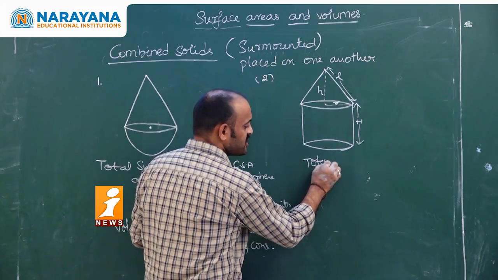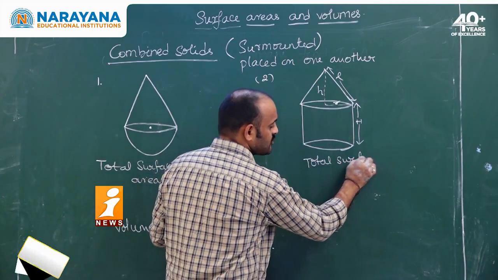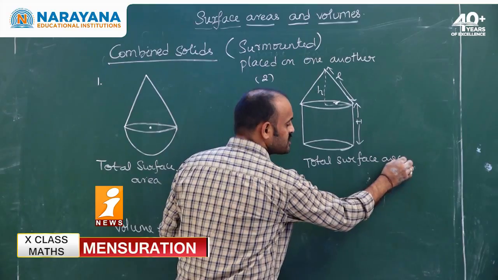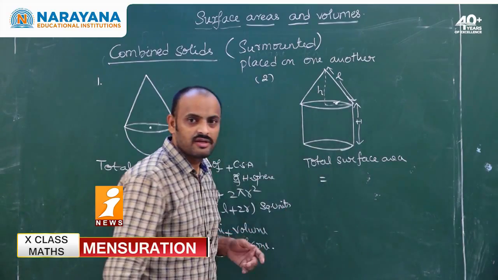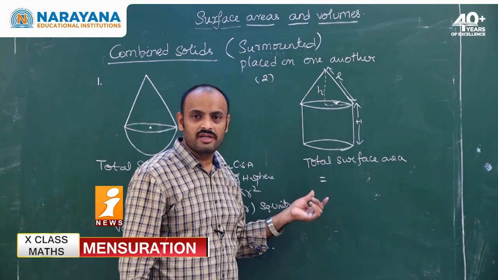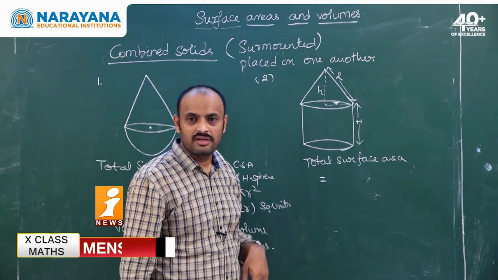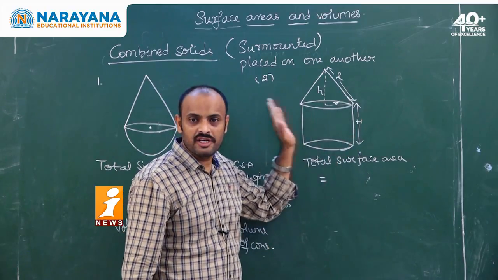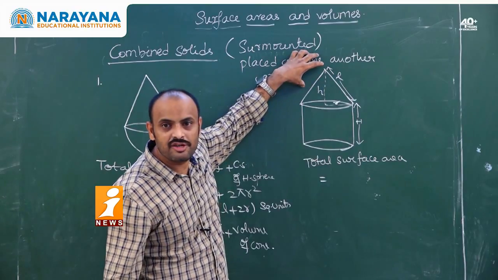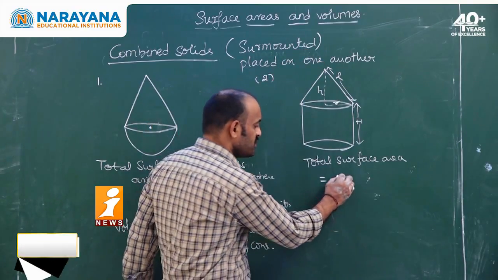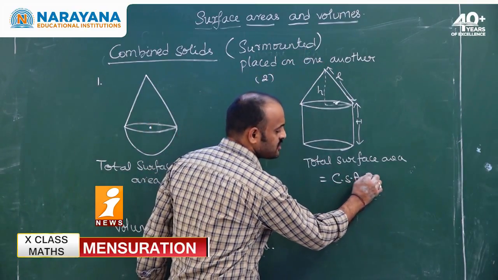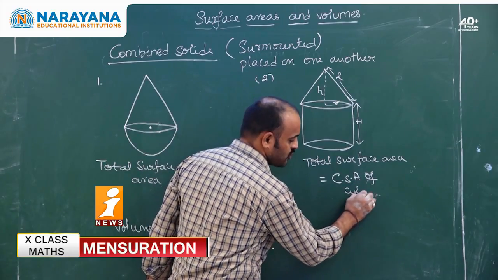So total surface area, or simply surface area. As it is a hollow cylinder, there is no base for the cylinder. So CSA of cylinder plus CSA of cone.